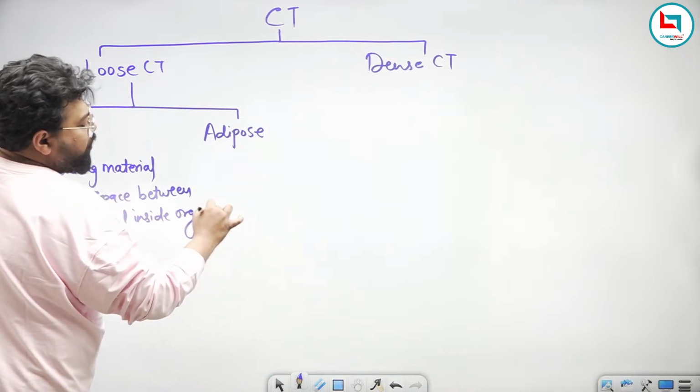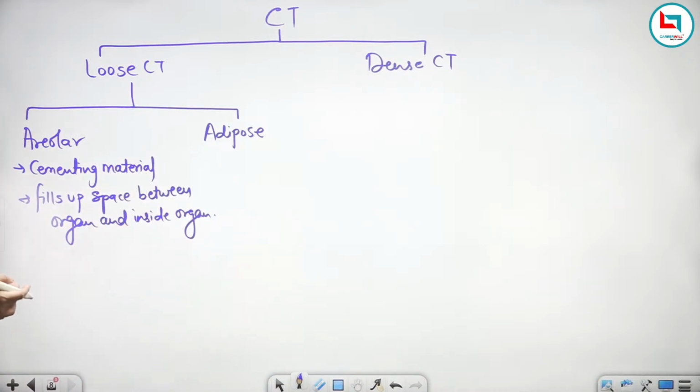So in between organs and inside the organ, it helps in filling up the cavities or the empty spaces. In all connective tissue, areolar is the most abundant connective tissue.